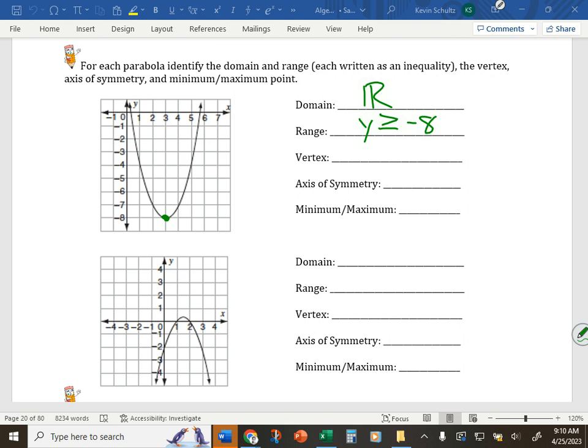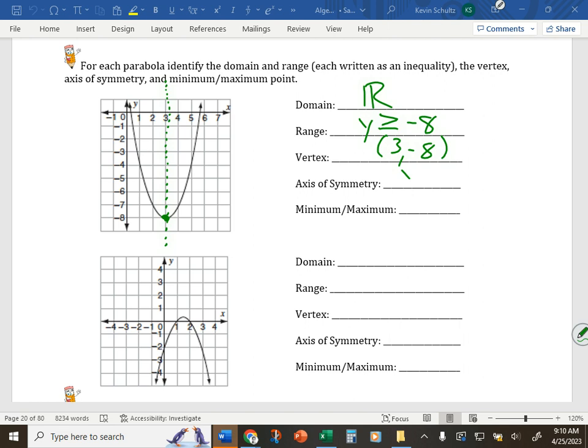What's the vertex point? This one's a little bit different from the other ones. The x value isn't 0. What's the location of that point? 3, -8. The axis of symmetry, that imaginary vertical line going through the vertex, where does this line pass through the x-axis? What is the x value of the vertex? 3.